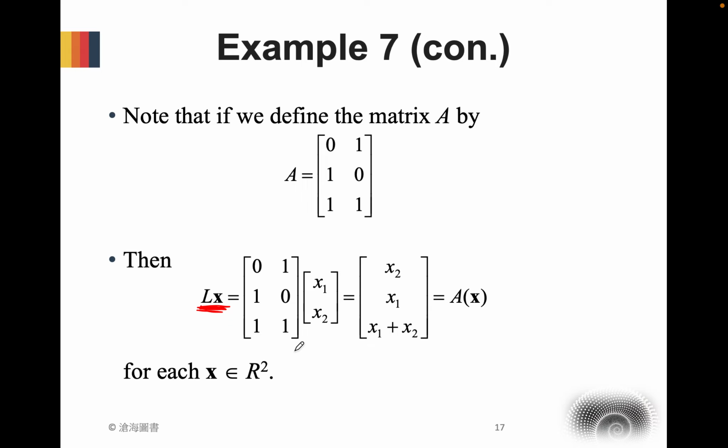So here, we should write it like this: A times x for each x in two-dimensional space. If you are sensitive enough, you can quickly catch that in this session 4.1, we are talking about linear transformation.